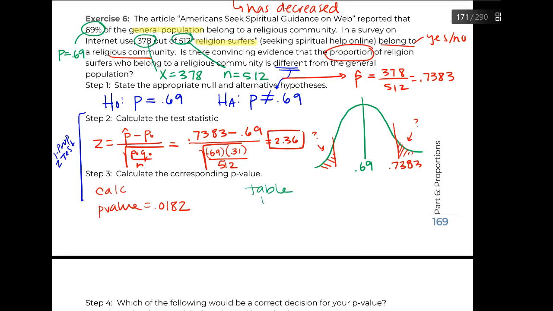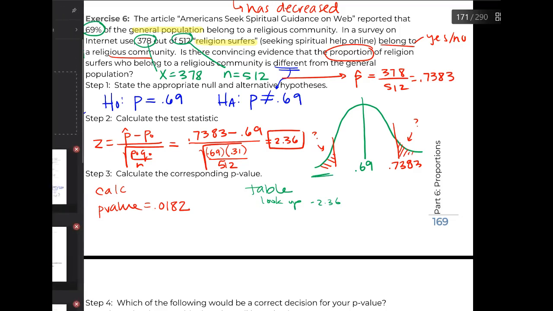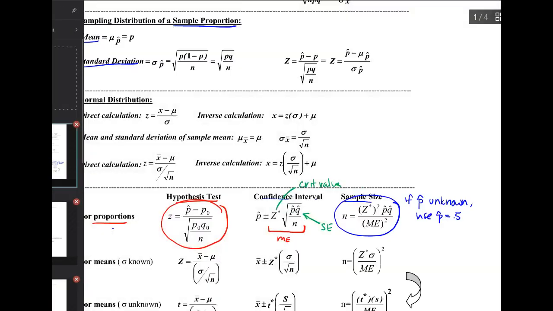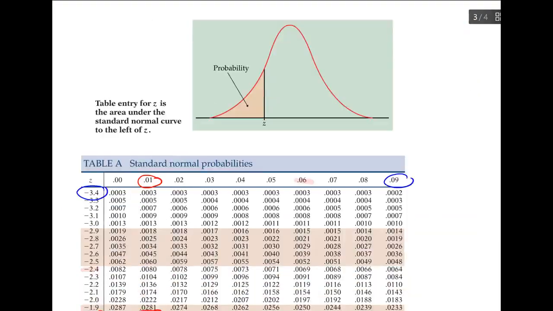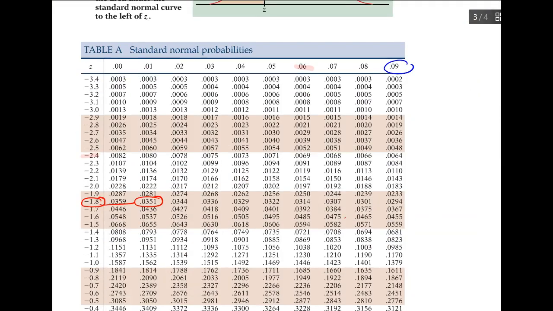For the table, folks, we got to go look up. Instead of looking at positive 2.36, I'm going to look up negative and just get this side. So table, past our t table, negative 2.36, looks like we get 0.0091.